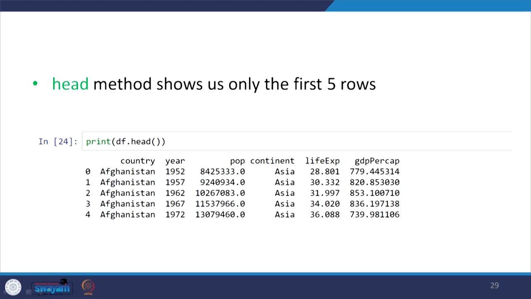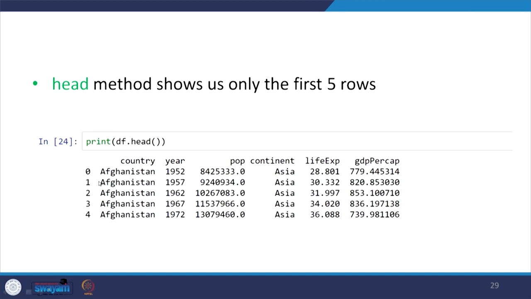I want to see the headings of that file. Heading means the columns. For that in Python, you have to type print, open the parenthesis, df.head. When you execute this, you will get the first 5 rows, that means 0, 1, 2, 3, 4.